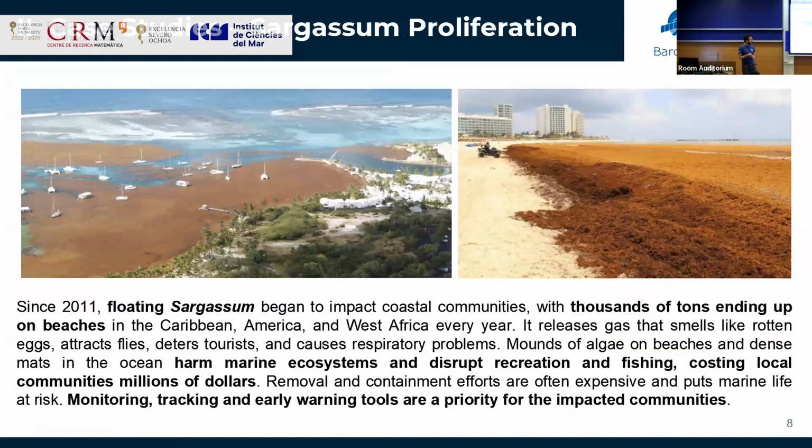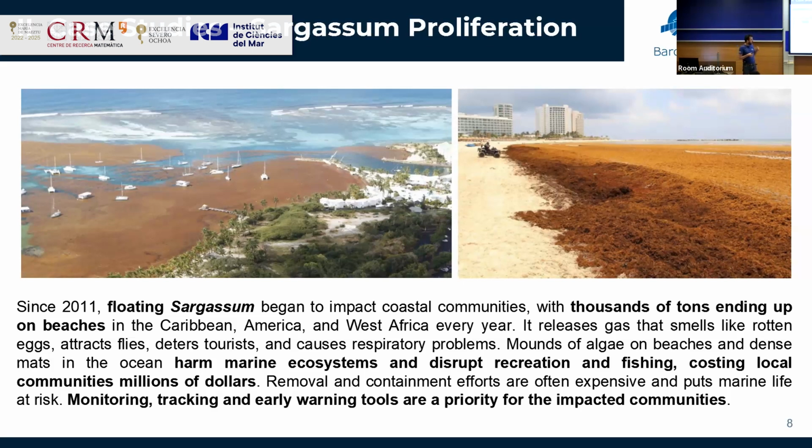The second environmental problem of interest for us is sargassum proliferation. This is a seaweed, a floating seaweed. It's specific to the Atlantic, particularly in the subtropical and tropical areas, and it's a huge problem for tropical communities. The main reason is because this seaweed was confined to a very small region of the Atlantic, but at some point in 2011, it left that space and started to propagate throughout the entire subtropical Atlantic, growing in mass quantities.